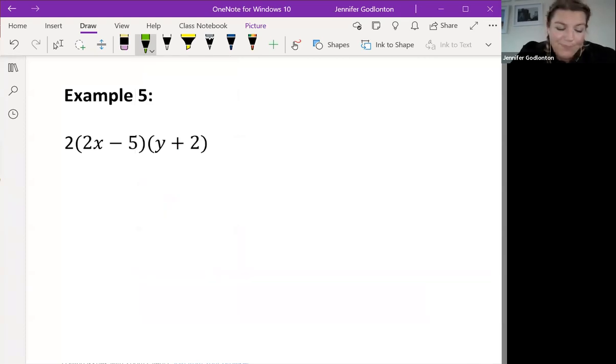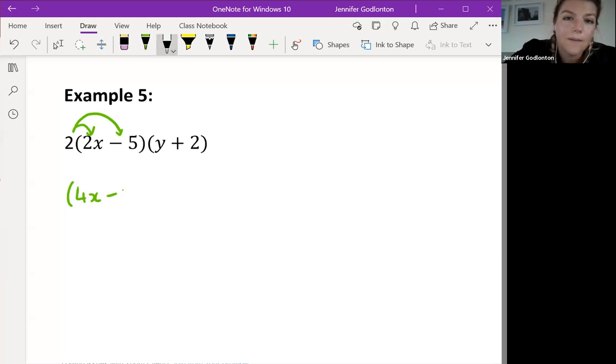Option 1 is we can distribute that 2 into our first bracket, but then we have to keep it in a bracket. So we can distribute this 2 only into our first bracket. We keep it as 4x minus 10, in a bracket.